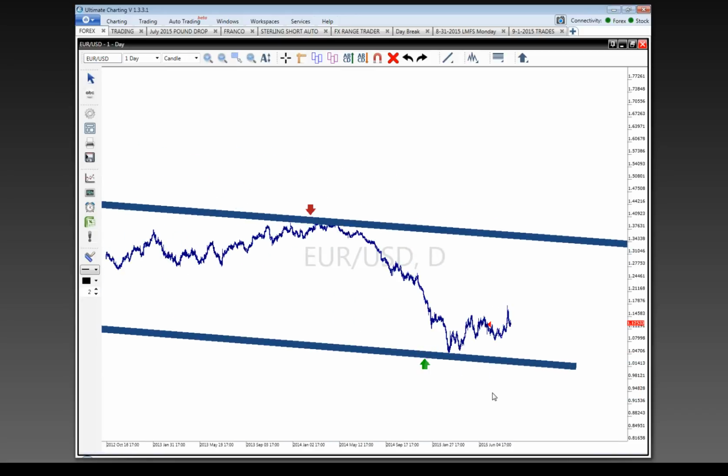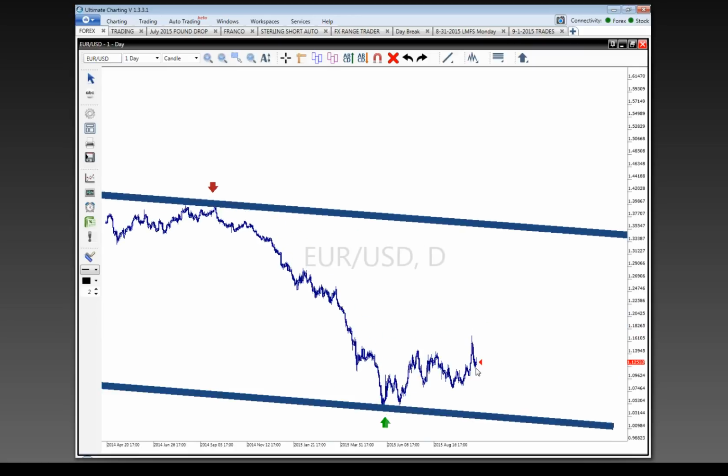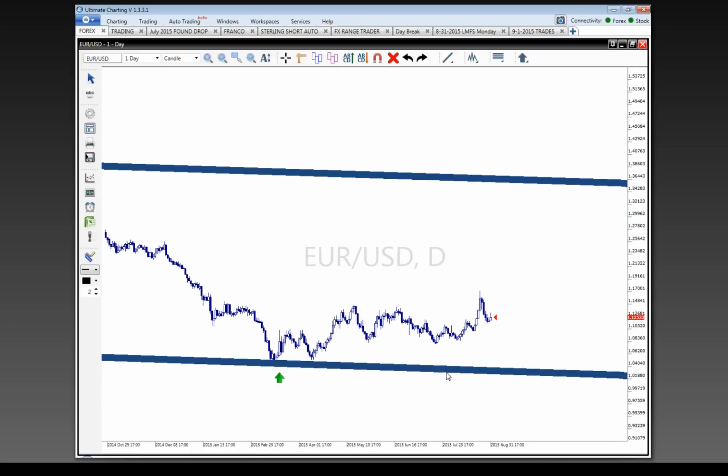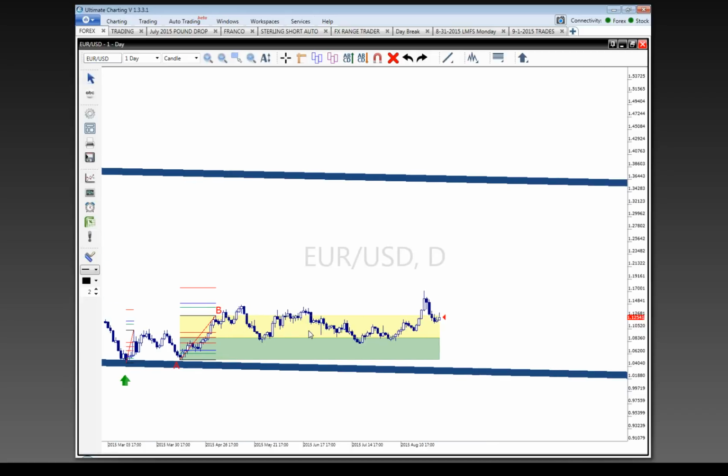And if we zoom in, this is where we're going to bring in the Fibonacci's. And we have our Fibonacci's.